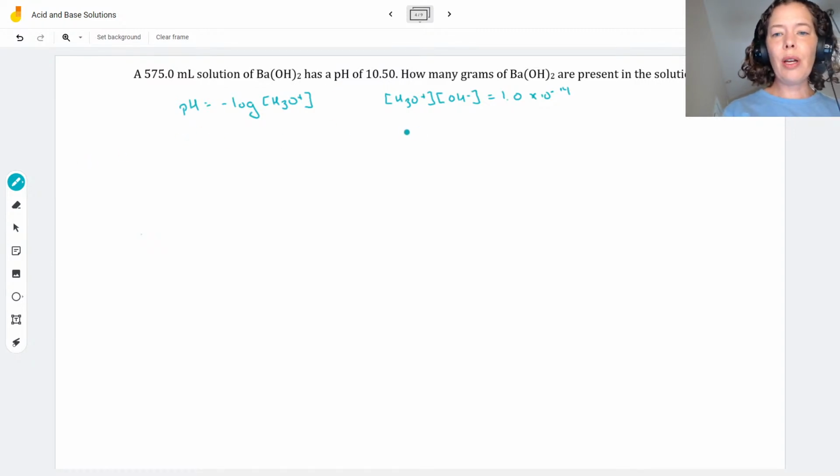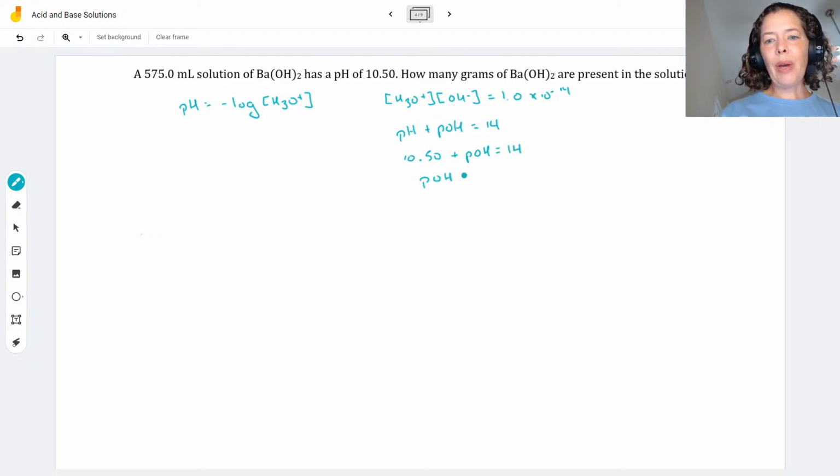So remember, let's maybe put it over here, pH plus pOH equals 14. Of course, this equation is just the log of that equation. So if I have a pH of 10.5, I can calculate what my pOH is, and that is 3.5.